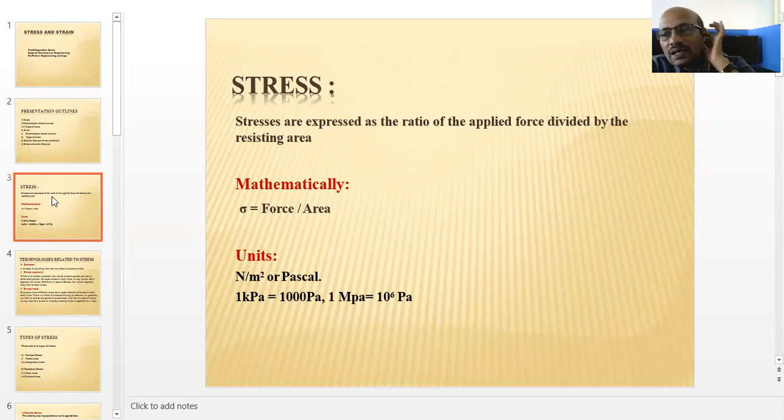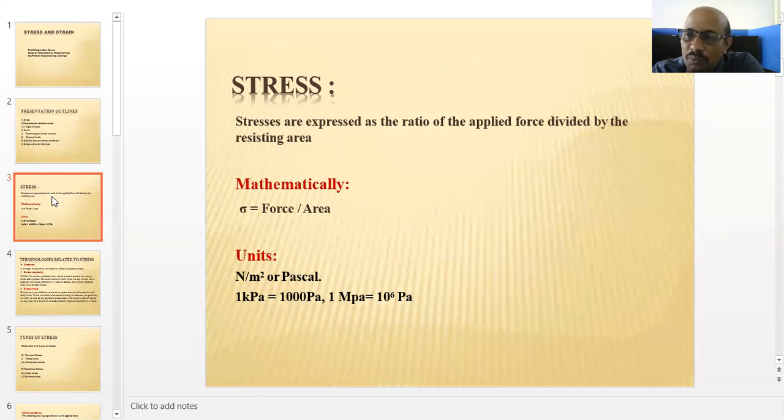Now, what is the unit of stress? It is Newton per meter square, meaning how much force we apply per unit area. Another unit is 1 kPa, that is, 1 kilopascal. 1 kilopascal is equal to 1000 pascal, and 1 pascal is equal to 1 Newton per meter square.